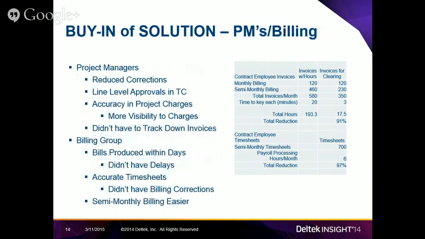Now, for the project managers and billing, the project managers didn't have to worry about a lot of corrections. They had the line level approvals and time collection, so it was very easy for them to know who was charging their projects. They said that they had more visibility to the charges. They didn't have to track down invoices and say, hey, John Doe is calling me wanting to know where his payment is.